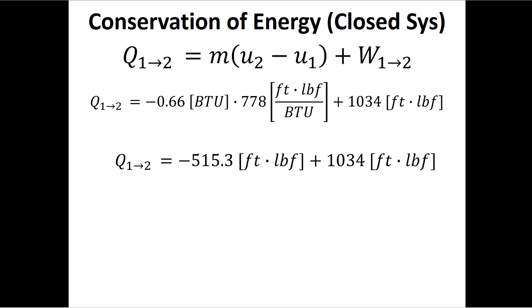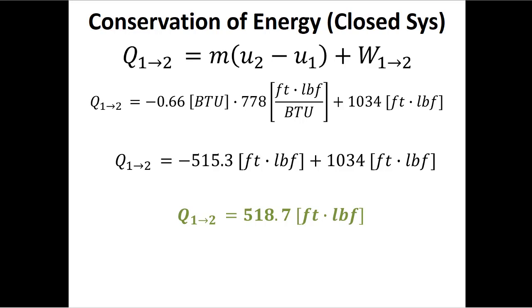I get that negative 515.3 foot-pounds plus 1,034 foot-pounds is equal to Q. Now I'm starting to feel better about this answer, because once I've converted the units, my numbers are starting to look the same. I find when I'm using variable specific heats that Q from 1 to 2 is 518.7 foot-pounds. I think we had something like 517 foot-pounds for constant specific heat.